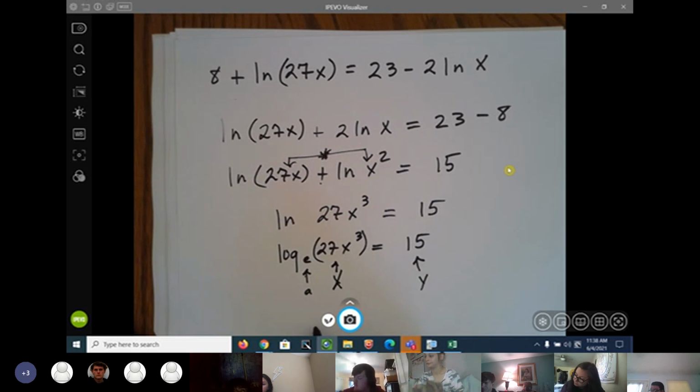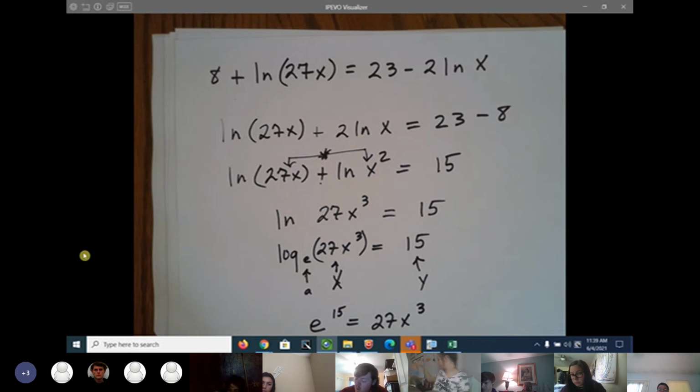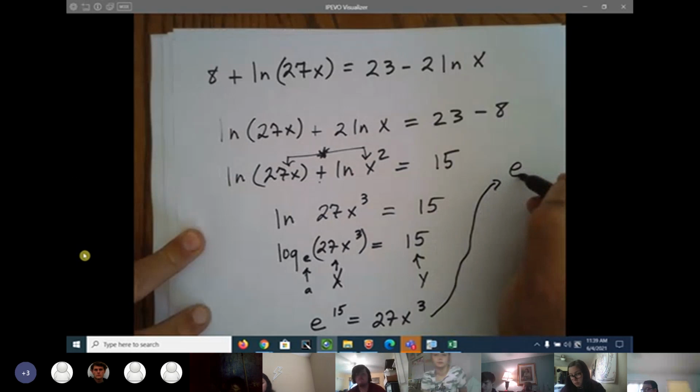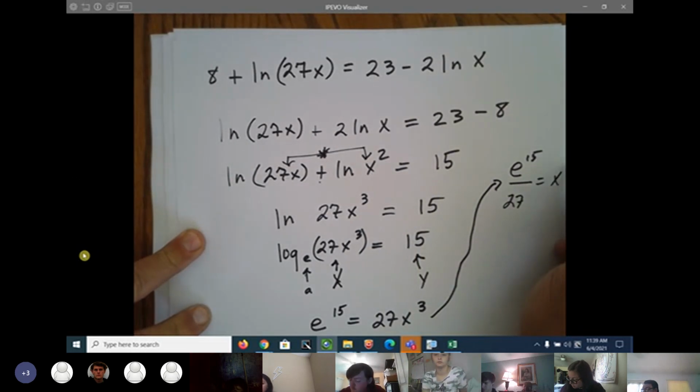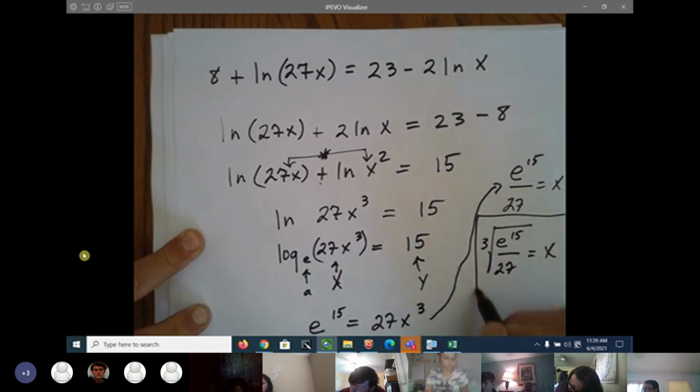That's e to the 15th is equal to 27x cubed. E to the 15th divided by 27 equals x cubed. And then the cube root of e to the 15th over 27 is equal to x.